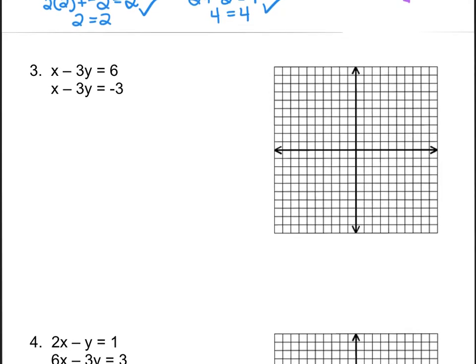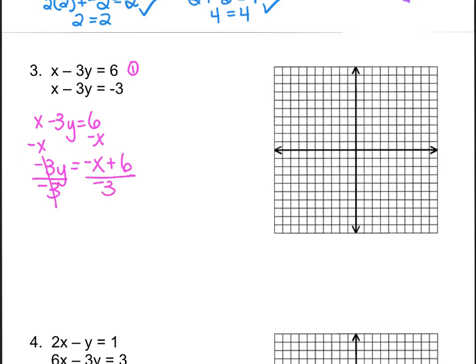Again, I'm going to make each one a different color just so I can see the difference on my graph. So I'm going to make this first one pink, and I am going to rearrange it by subtracting x. I get negative 3y equals negative x plus 6. I've got to get rid of that negative 3 in front of the y.